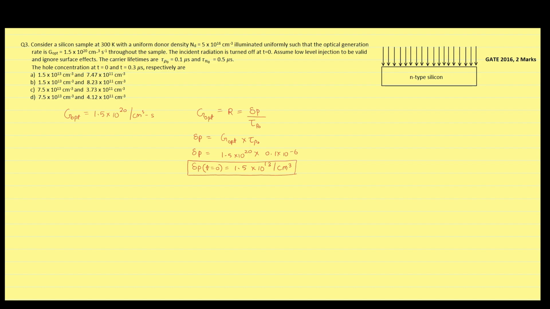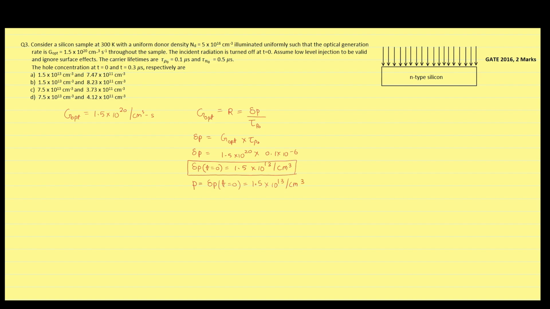Also, we can assume the hole concentration is nearly equal to the excess hole concentration, as the thermal equilibrium hole concentration will be significantly smaller than the excess hole concentration. So, at t equal to 0, the hole concentration will be equal to 1.5 into 10 raised to the power 13 per centimeter cube.